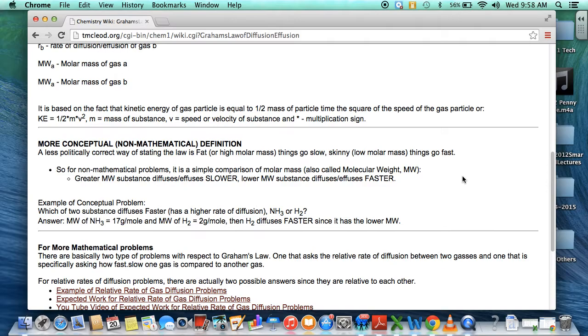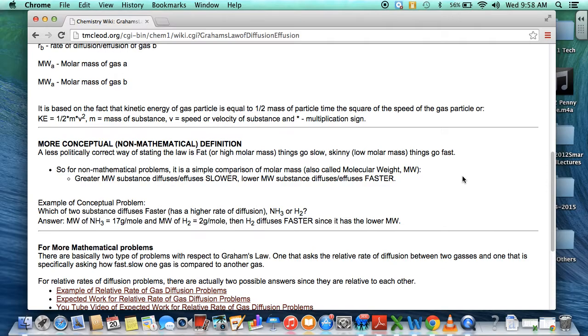So therefore, if you are just looking at the relative diffusion rates of two things or several things, and they're not actually asking you for actual numbers, and they just want you to pick which one is the fastest, has the highest rate of diffusion, then what you do is look for all the molecular weights and find the one.